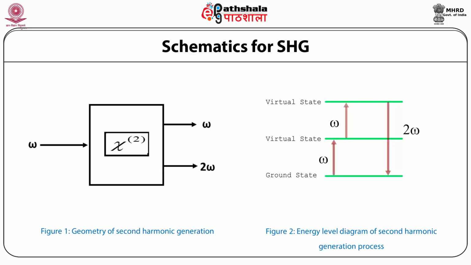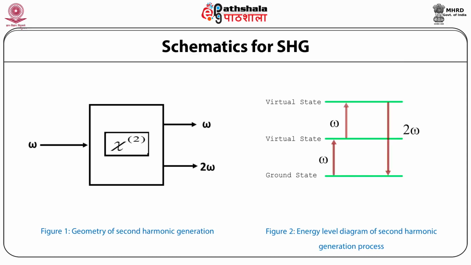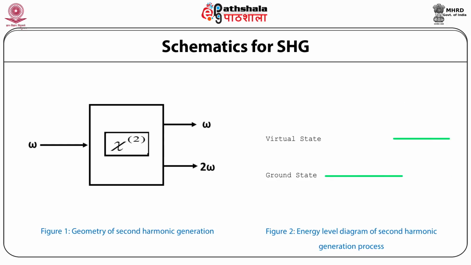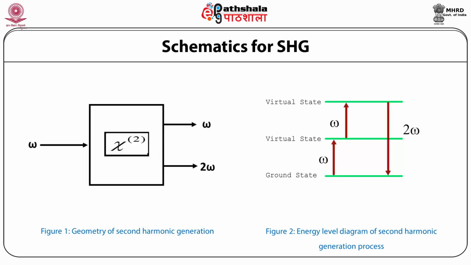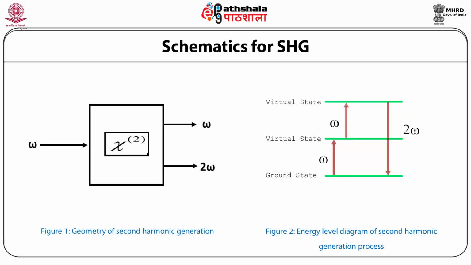Under proper experimental conditions, the process can be so significant that nearly all of the power in the incident beam at frequency omega is converted to radiation at the second harmonic frequency 2 omega.